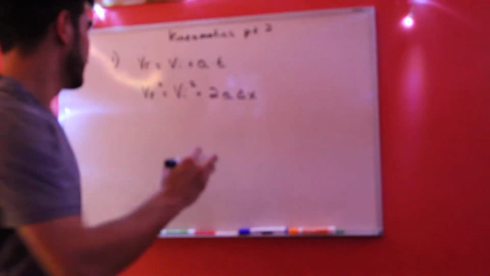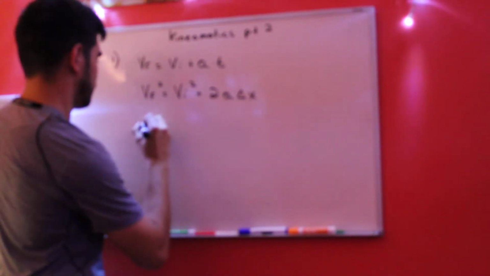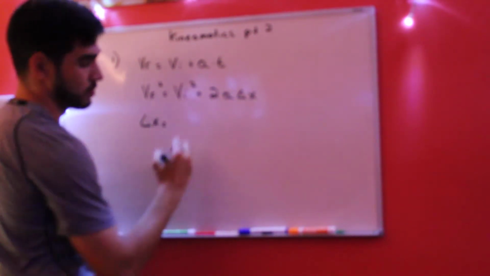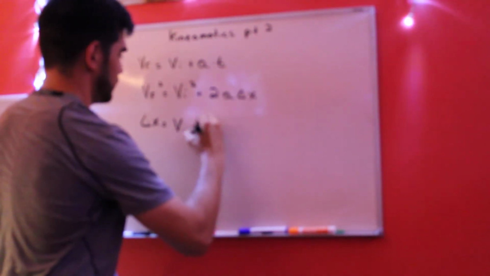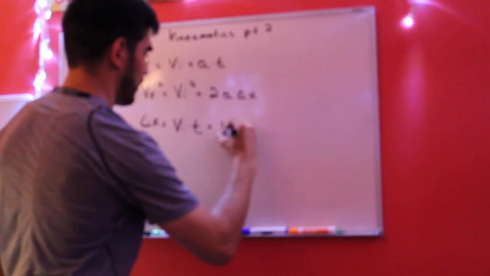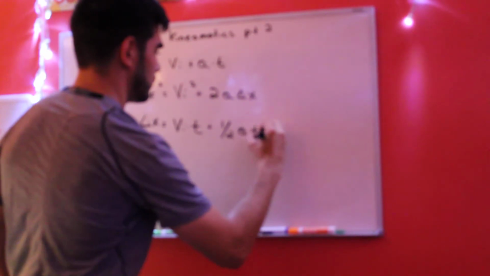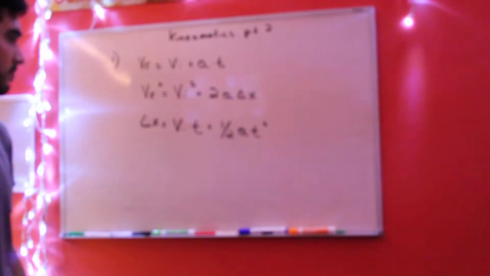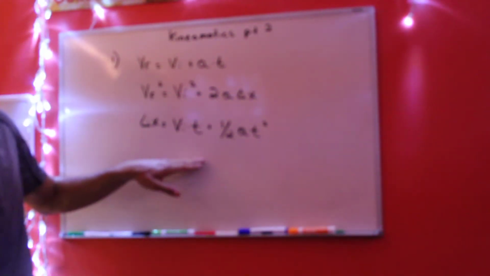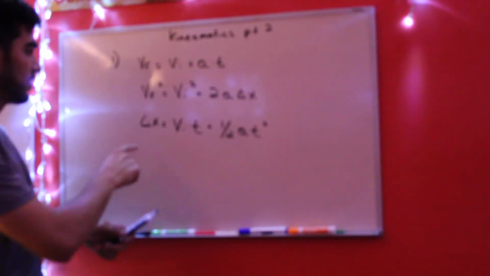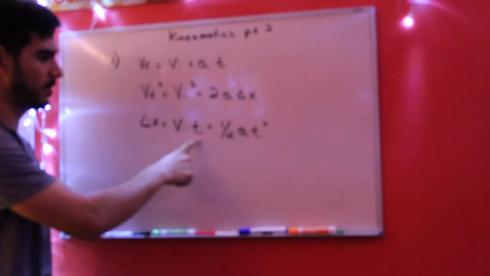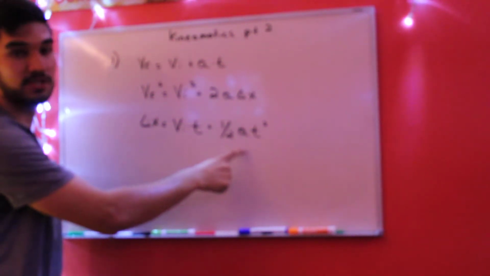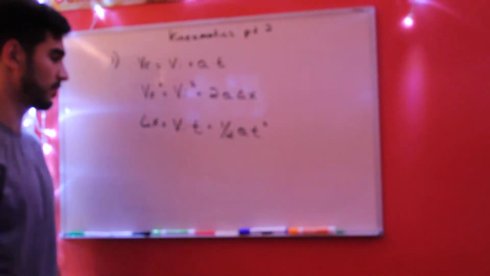Then we have delta x, or delta y, whichever one, equals Vi times t plus 1/2 a t squared. Another equation using the same variables. You have your displacement equals your velocity initial multiplied by time plus 1/2 your acceleration times your time squared.